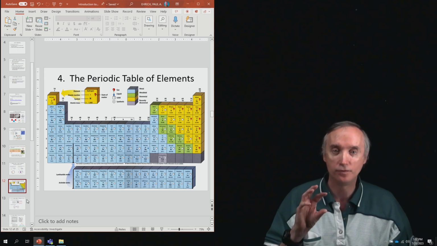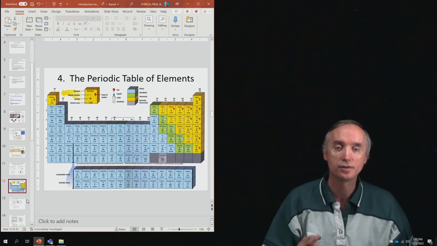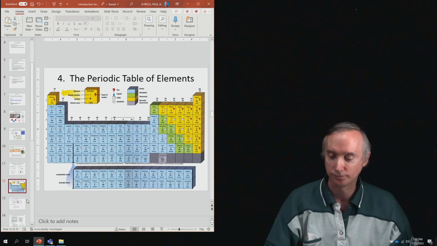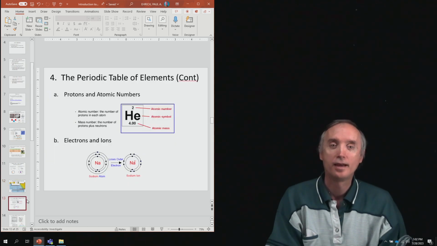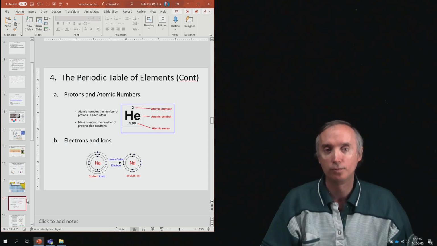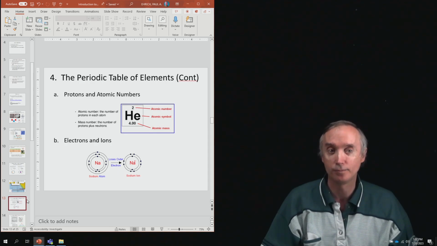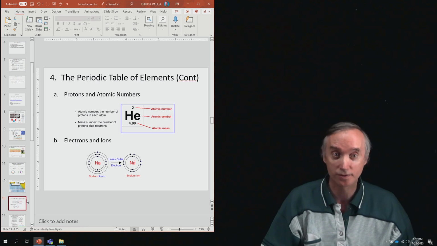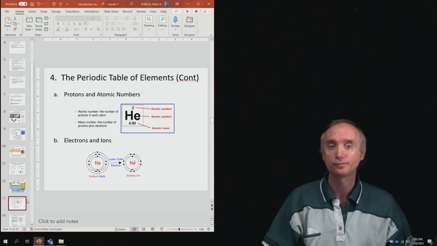If you start messing with the number of protons in the nucleus, you change the identity of the element. Sounds like a test question, doesn't it? And you notice that helium also has this other number that has a decimal point. That's going to be called the atomic mass, and we're not interested in that, at least not yet.